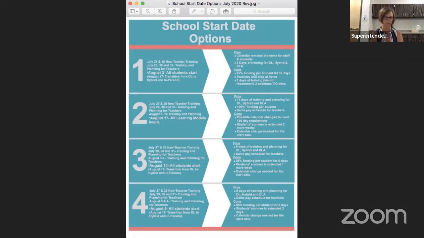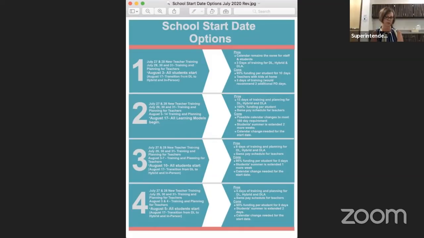And same pay schedule for our teachers, so we wanted to make sure our contract time with our teachers would still remain the same. The cons are the possible calendar change to meet the 180 days, which might be something that we need, and we're not sure exactly what the calendar requirements are going to look like just yet. Students' summer, though, is a con, in that their summer is extended 2 additional weeks.